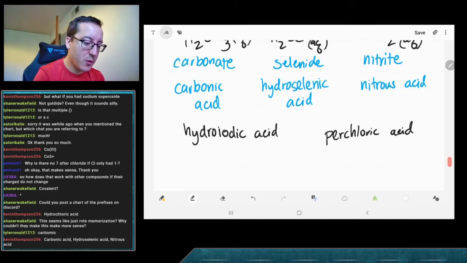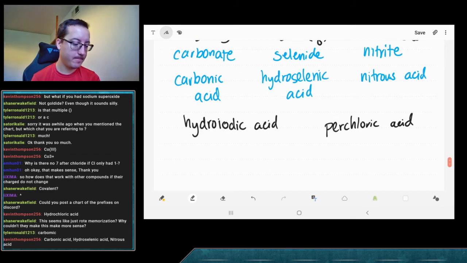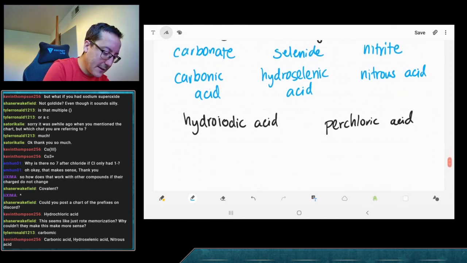Let's go the other way. Hydroiodic acid. That tells us, we say, okay, which one of these had hydro-ic acid? That's stuff that ends in "ide." So that tells us that this came from iodide.